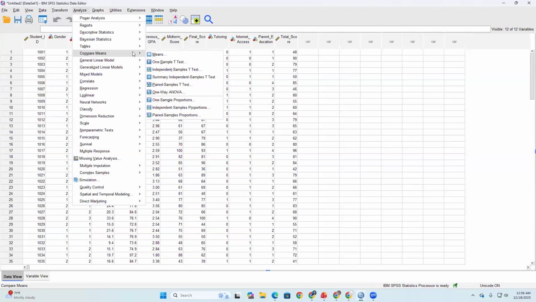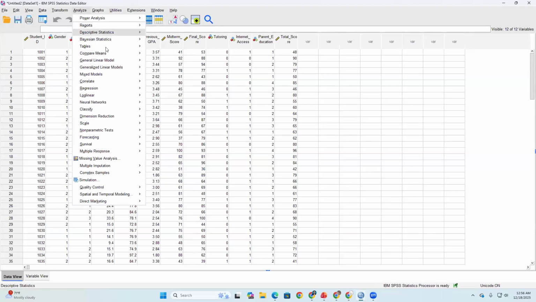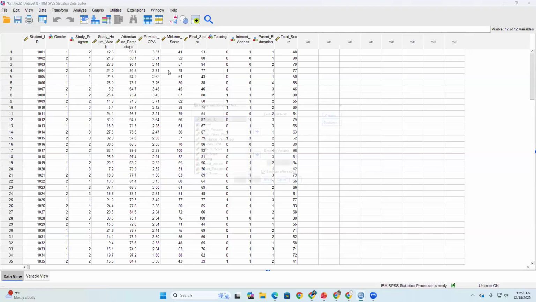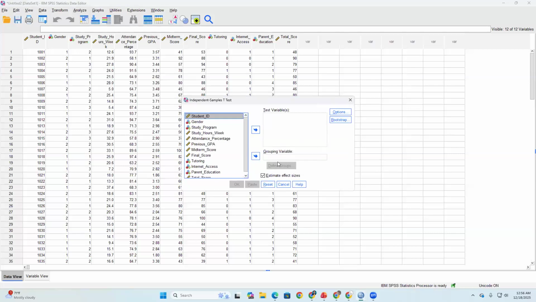These are the tests that can be performed in means, but the requirement for each test is different. So now we are going to perform the independent sample t-test. You can see that is the interface.